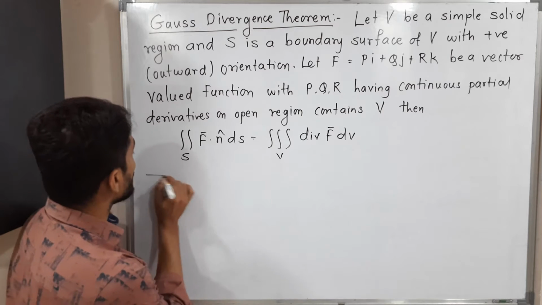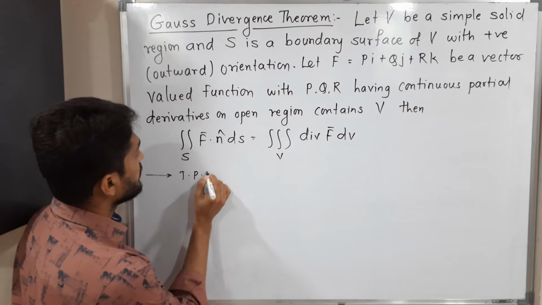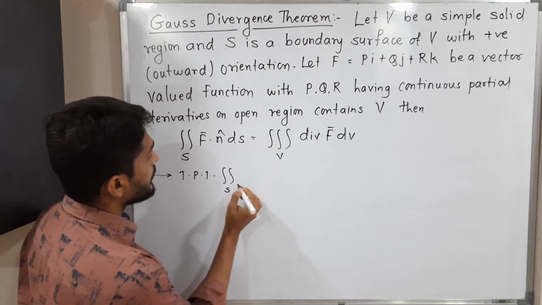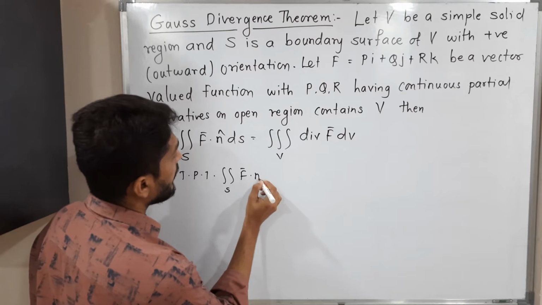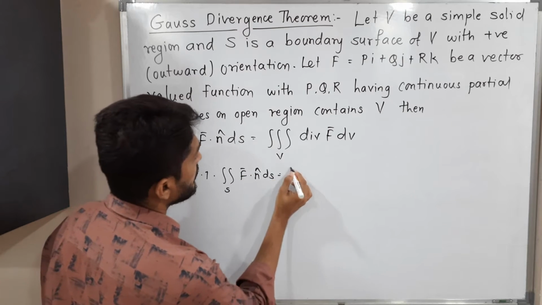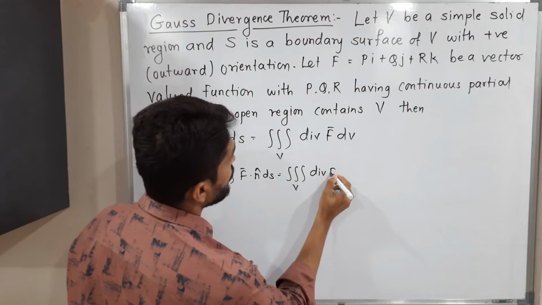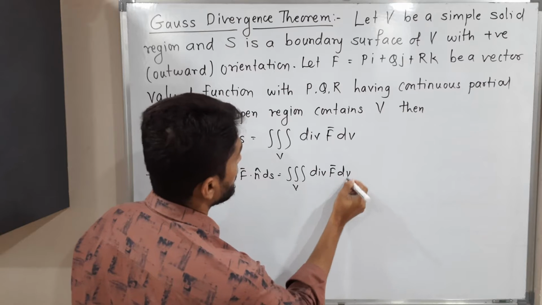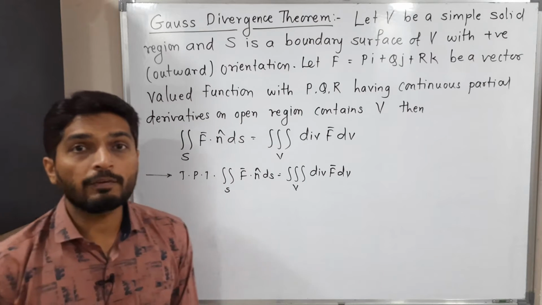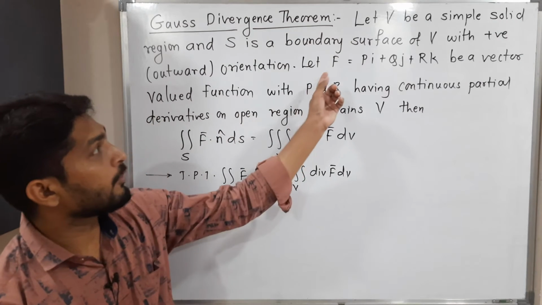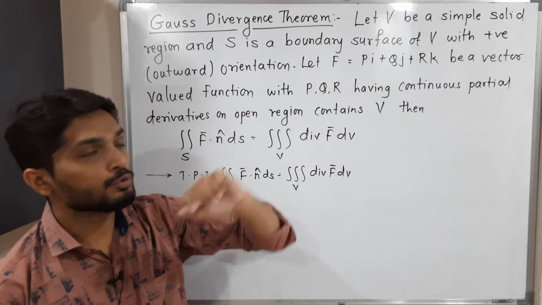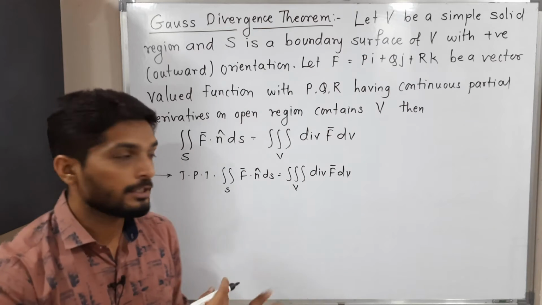So let me mention here, to prove that double integration over S of A bar dot n cap dS is equal to triple integration over V of divergence of A bar dV. Okay, so we have the value of F bar, that is Pi plus Qj plus Rk. So let us put its value here.